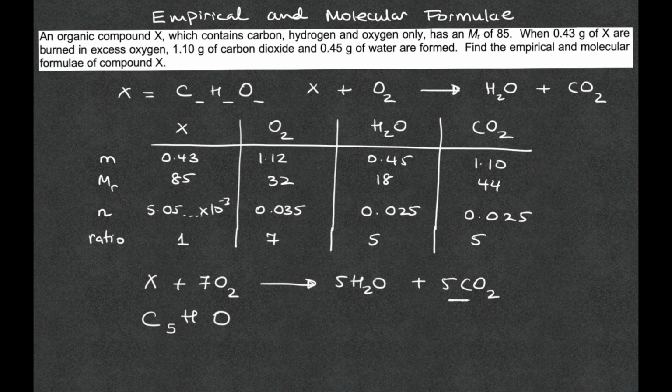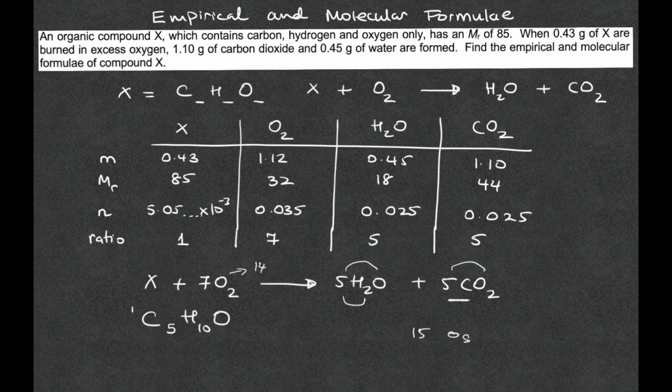Now with respect to hydrogen, we know that there are 10 hydrogen atoms over here, and therefore there must be a 10 over here. And with respect to oxygen, we know we have 5 oxygens over here and 10 over here. So that makes 15 oxygens, and we already have 14 oxygens over here, so therefore there must be just 1 oxygen atom in our compound X.